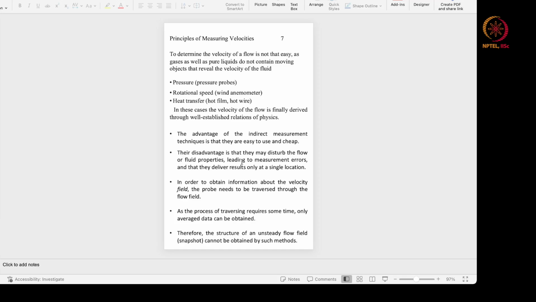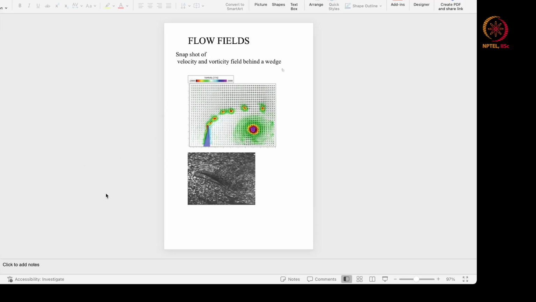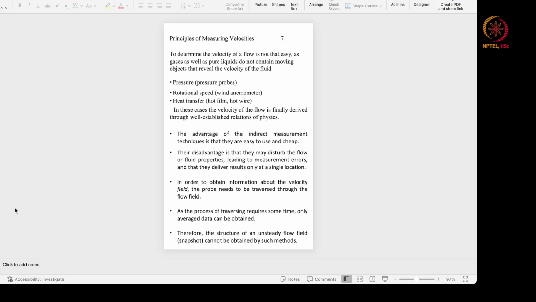Therefore, this can only give you averaged data. It cannot give you unsteady flow information and definitely not the snapshots that you saw over here. This kind of snapshot you cannot get with probe-based measurements.